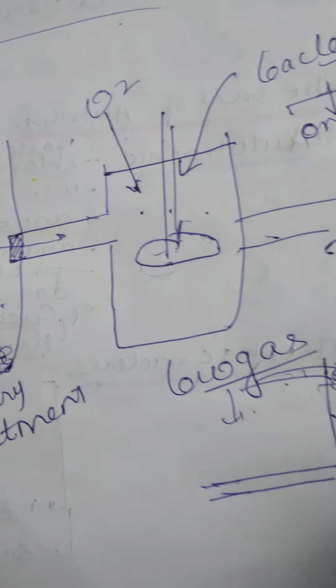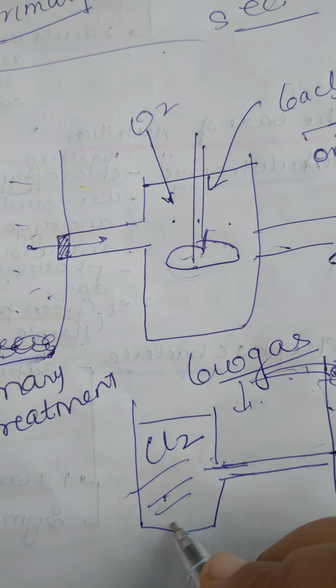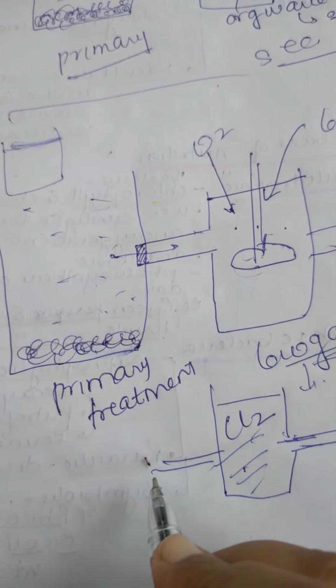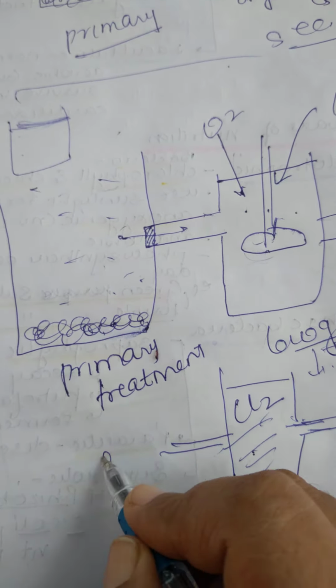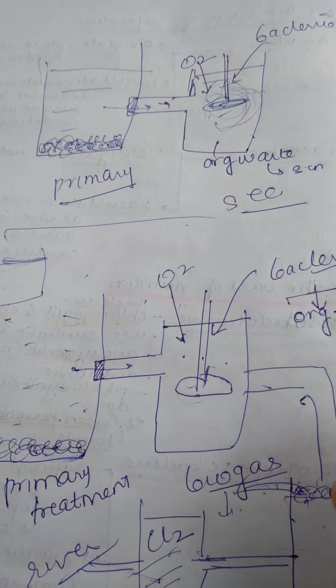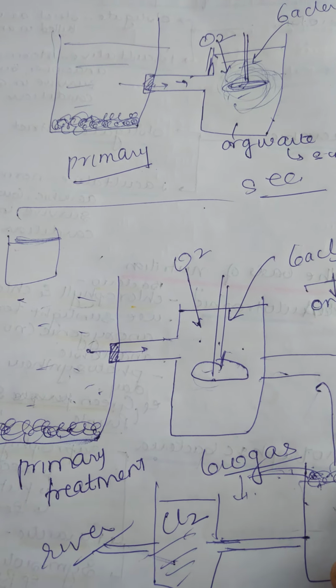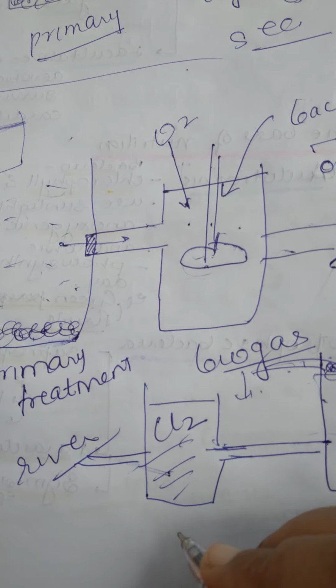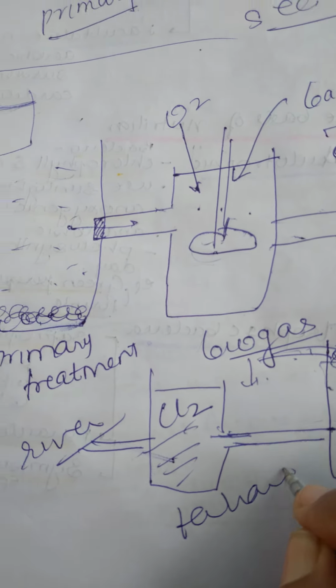And then finally the water is comparatively safe, and this water goes into the river. So children, this is how the sewage is being treated. This is primary treatment, this is secondary, and the mixing of water with chlorine is called tertiary treatment. Children, this is what is given in the book, so you'll have to read this from the book.